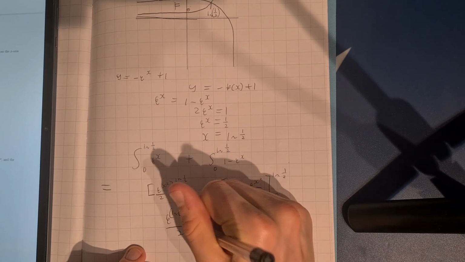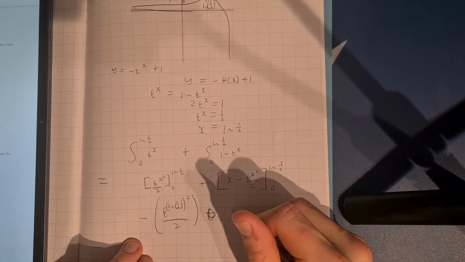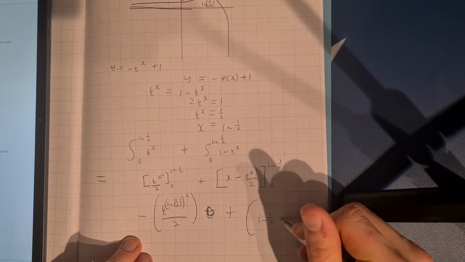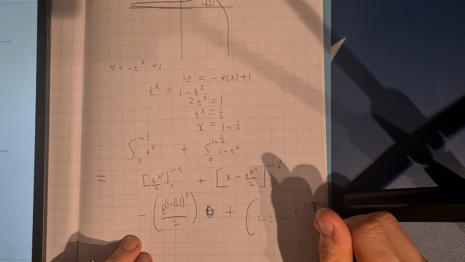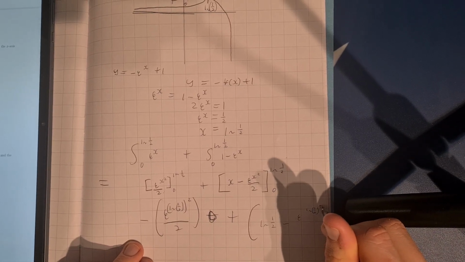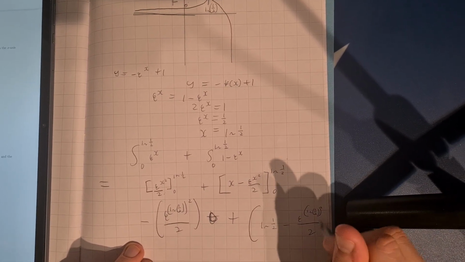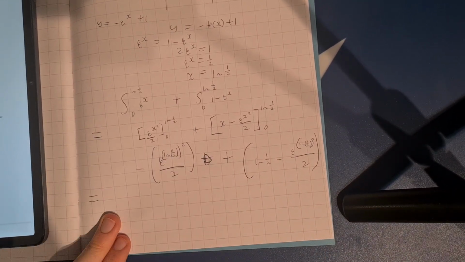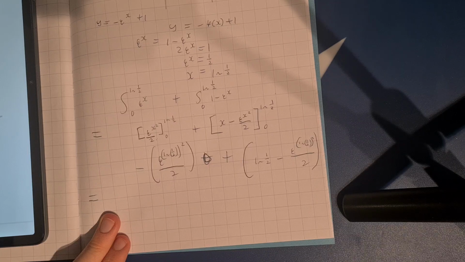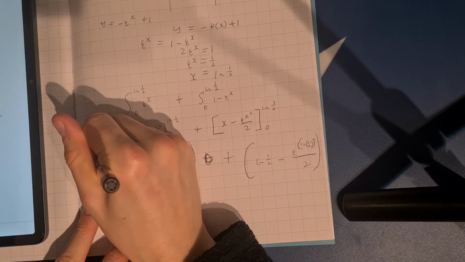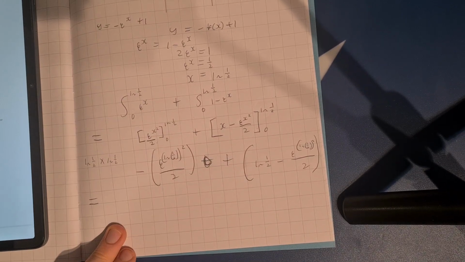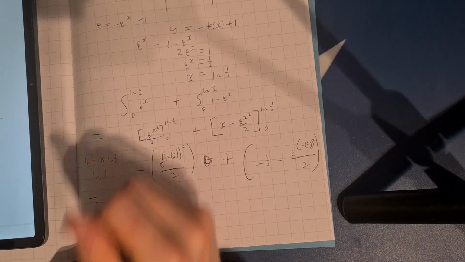So it's going to be negative of that plus ln a half minus e to the ln a half squared over 2. Okay, and now you add them together, don't you? So if we add ln a half times ln a half, you'll add those.